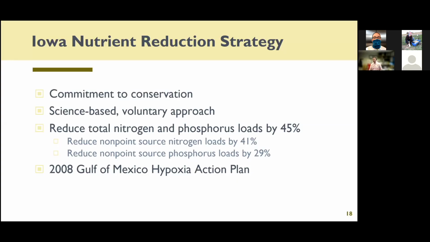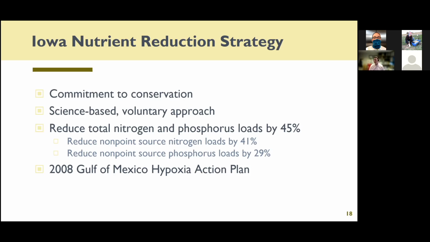And so that's where I'm bringing in the nutrient reduction strategy, right? We do have a commitment to conservation. We're talking about a science-based voluntary approach, and we know that we have targets. From non-point source pollution, we're trying to reduce nitrogen loss or loading by 41% and phosphorus loss by 29%.